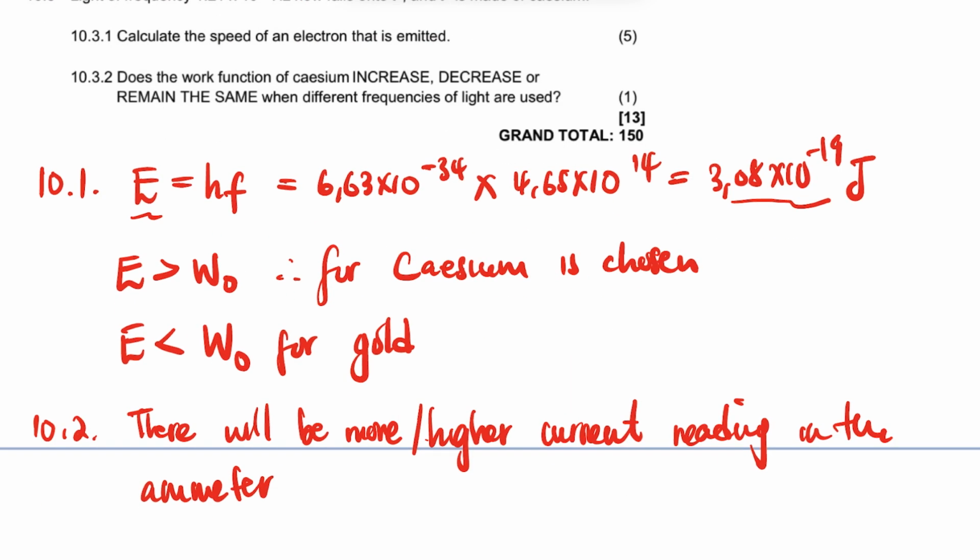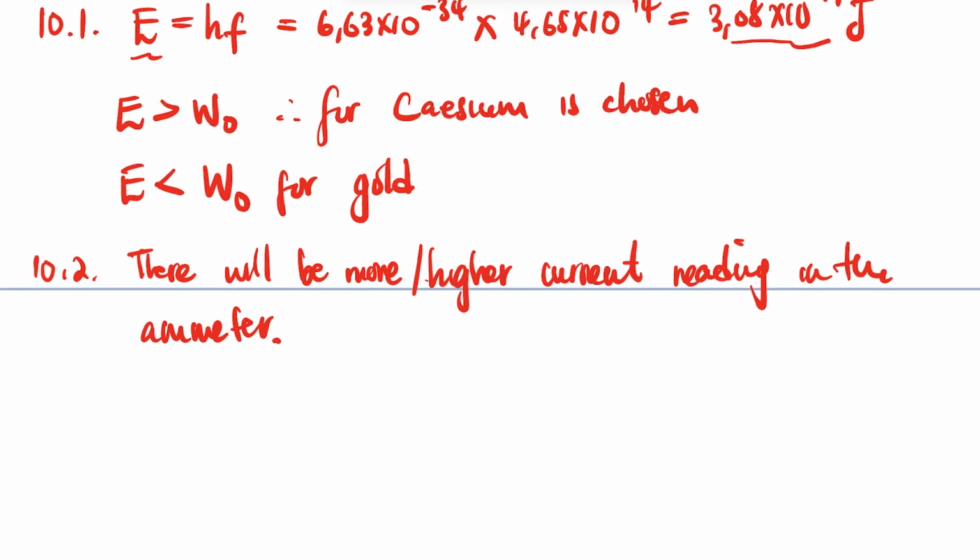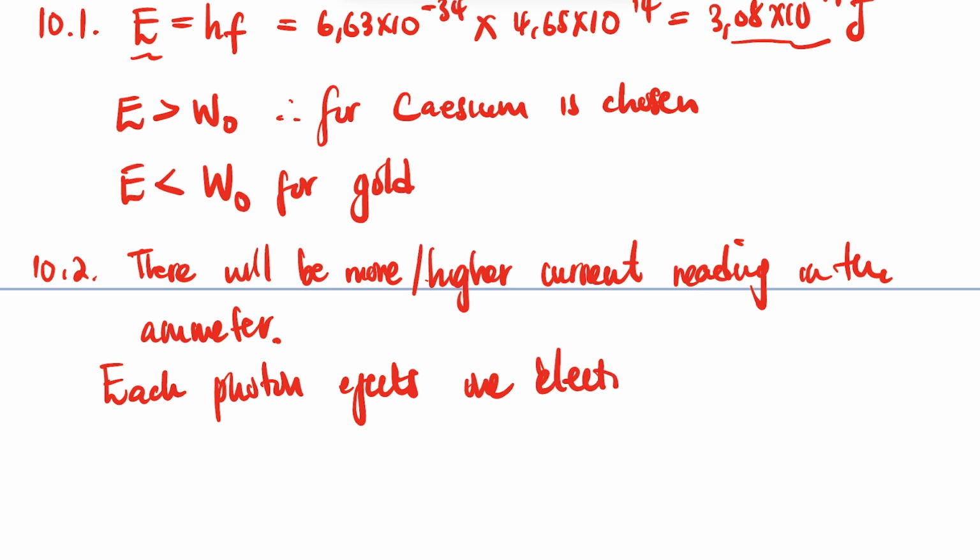What is the reason for that? That's 1 mark. Remember, it's 2 marks. Now guys, what do you need to remember? Each photon in the light ejects one electron.